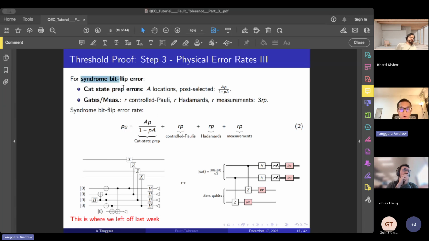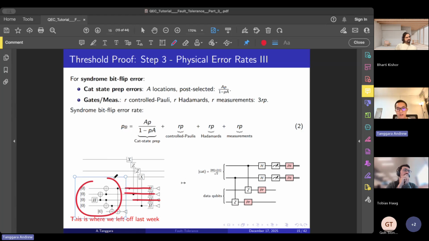We now want to calculate this bit flip error on the syndromes. The first source is the cat state preparations, which could propagate to the ancilla wires. Similar to the data qubit analysis, we did post-selection, and there are A locations inside the circuit.